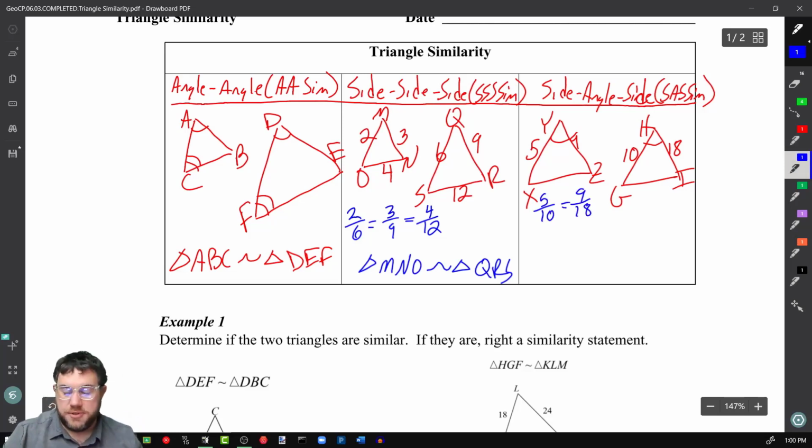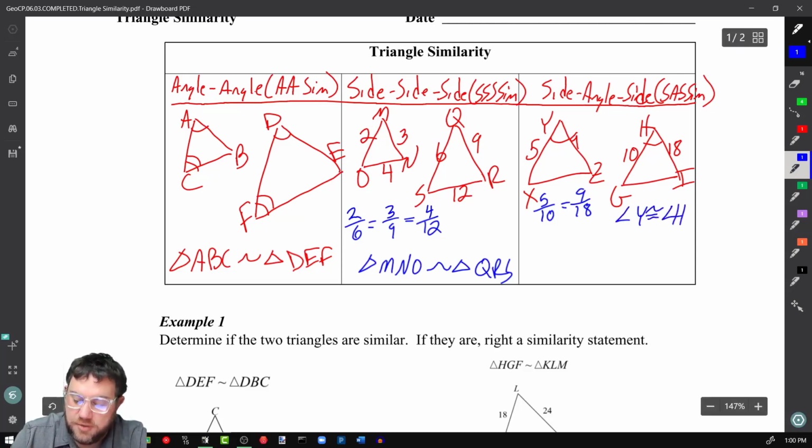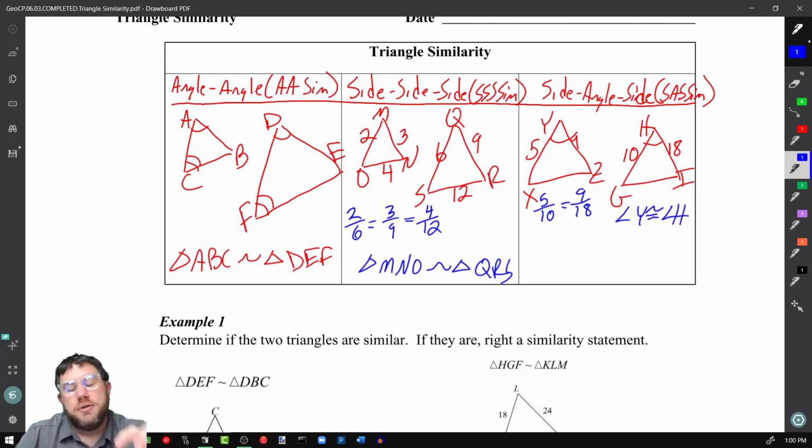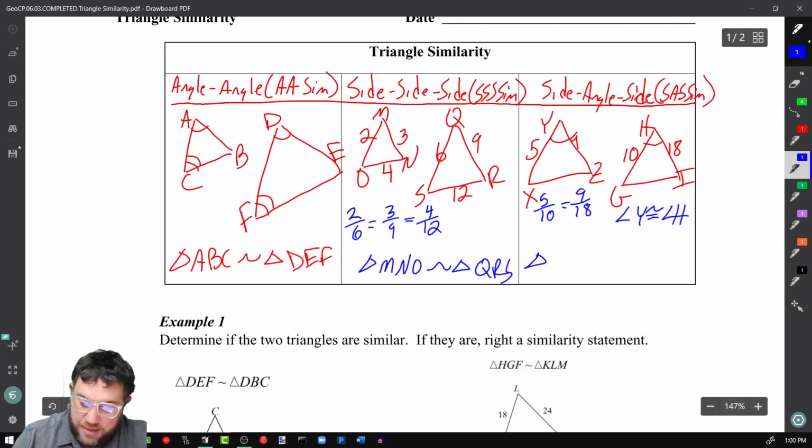Both of those would reduce to 1/2. And we can see that angle Y is congruent to angle H. So that included angle is congruent, but the sides are proportional. That makes triangles XYZ and GHI similar.